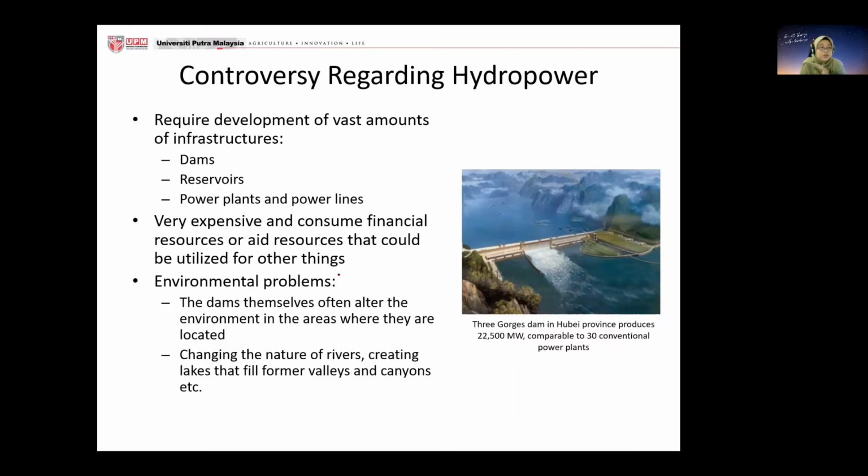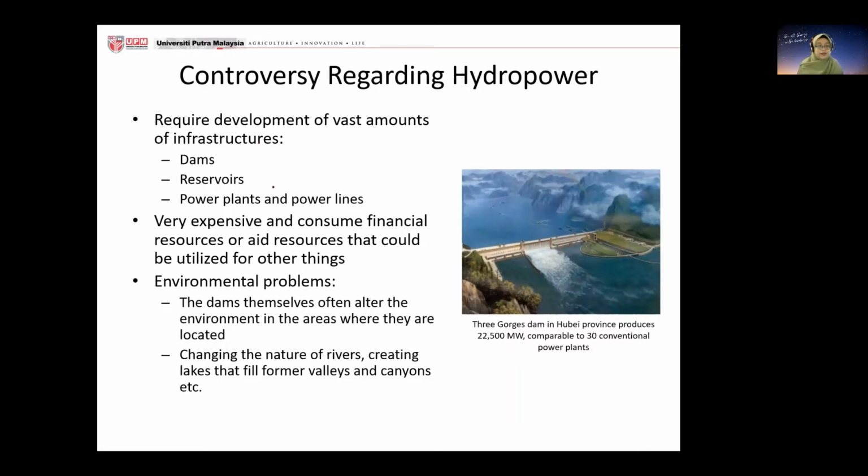When you build dams, it alters the environment in the areas where they are located. It can change the nature of rivers and create lakes. It's going to change the ecosystem. And how far are we willing to go? Still, hydropower generates a lot of power.